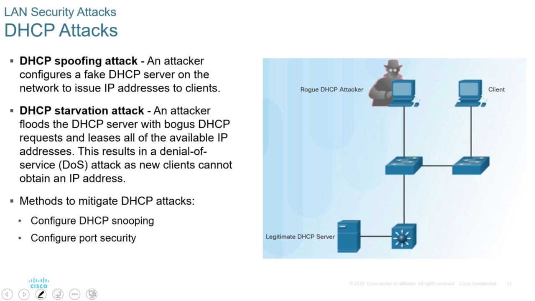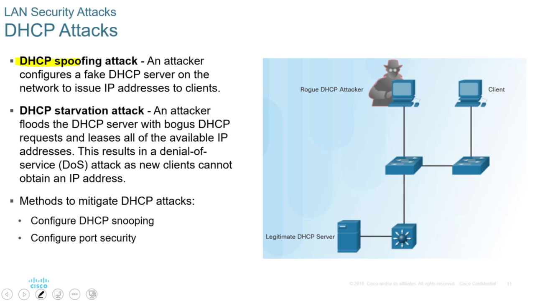So then when it comes to DHCP, again with LANs, that is another common thing that we would use. And with DHCP, again, there are some common attacks that can happen. One is called the DHCP spoofing attack.